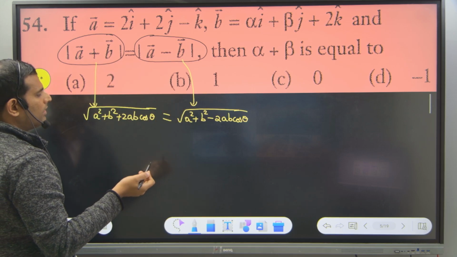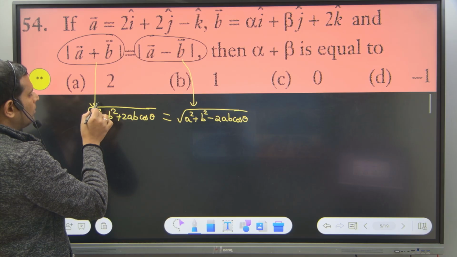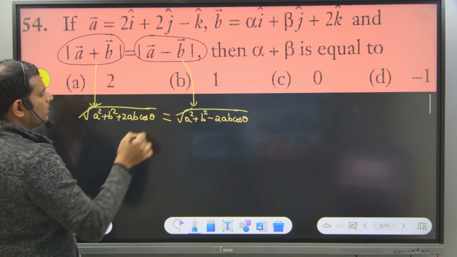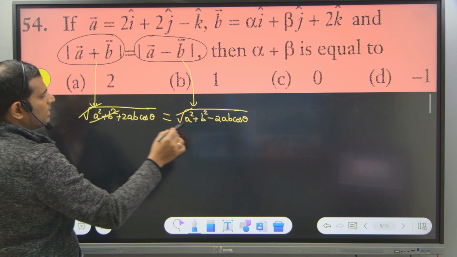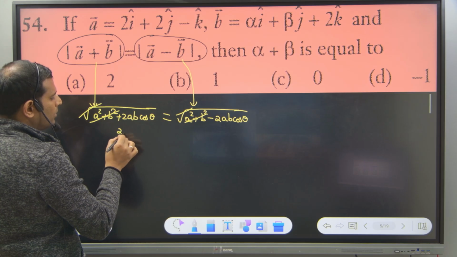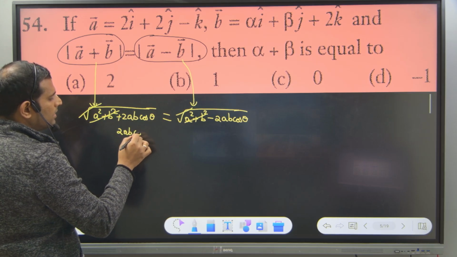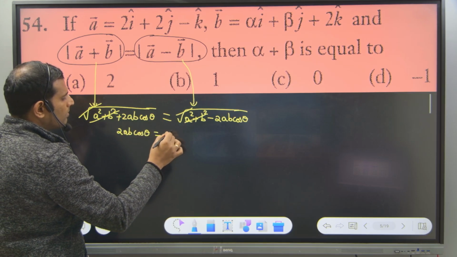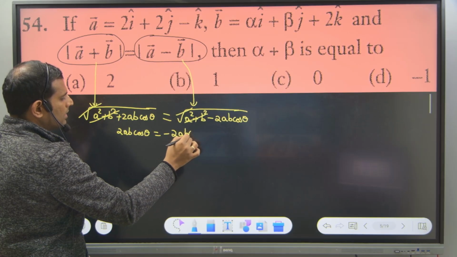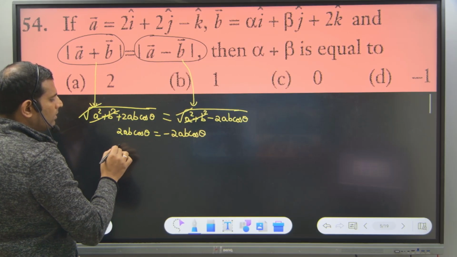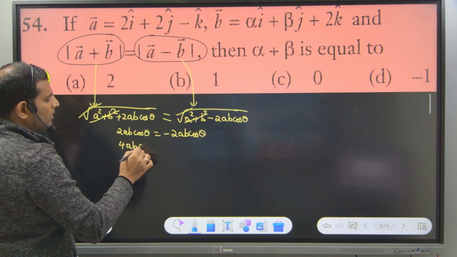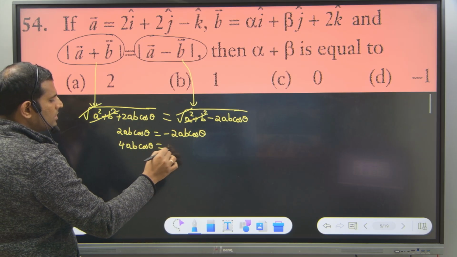Now they are saying both are equal. If both are equal, then we can cancel the root, and a square, b square cancel. So you will get 2ab cos theta is equal to minus 2ab cos theta, or 4ab cos theta is 0.